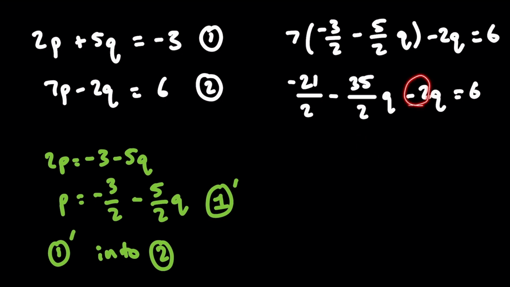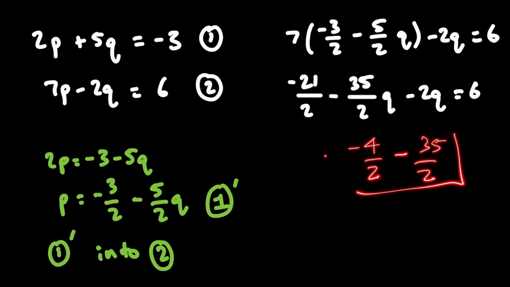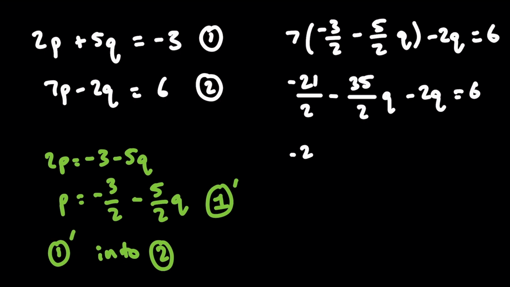The way I would do it is minus 2 is the same thing as minus 4 divided by 2. And we can very easily do this with minus 35 over 2 because they have the same base. So this means that minus 21 over 2 minus 39 over 2q equals 6.